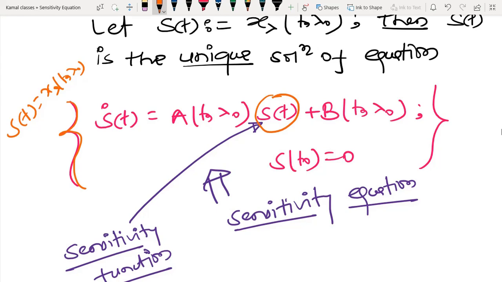Suppose inside our system I have 3 or 4 parameters. This equation tells which parameter is very, very sensitive. Sensitive means if you change it by delta, then the whole solution is going to be disturbed a lot. Some parameters, even with a large variation, may not affect the performance of the system.